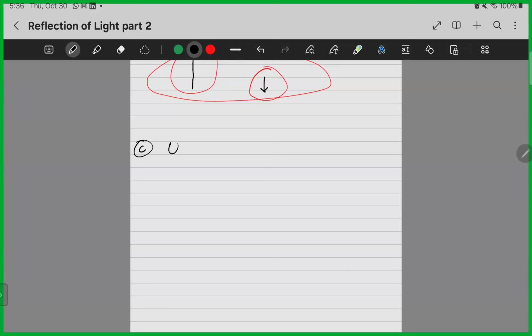Object, when you place the object at C, now I'm going to give you the points and diagrams now, so you can go and study the diagrams to actually see what's happening there. The image is number one at C. So if you put the object at C, the image is at C. It is real.